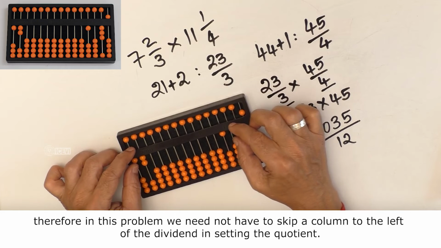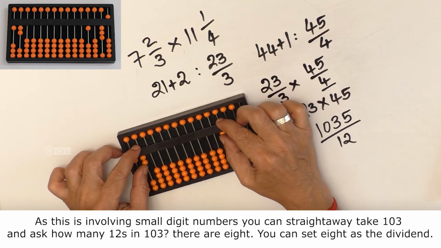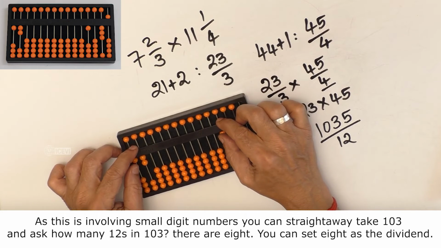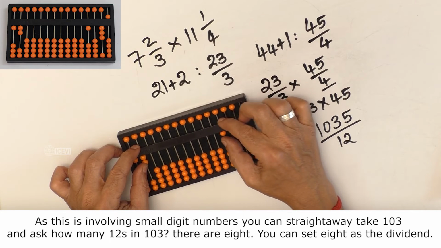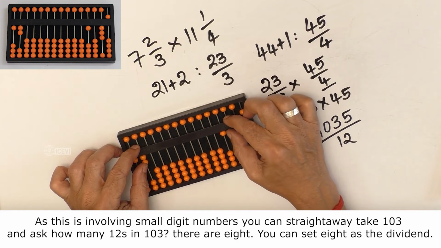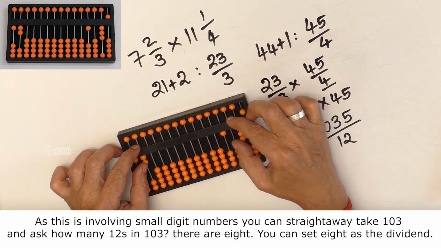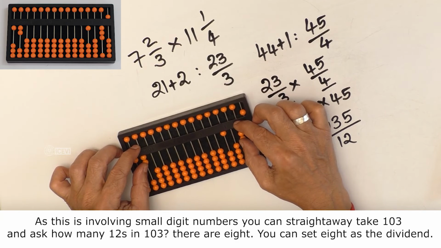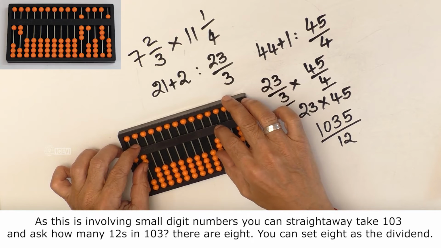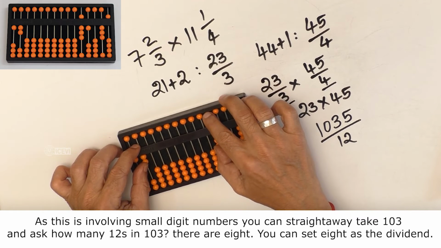Now, as this is involving small digit numbers, you can straight away take 103. And how many 12s in 103? There are 8. You can set 8 as the quotient.